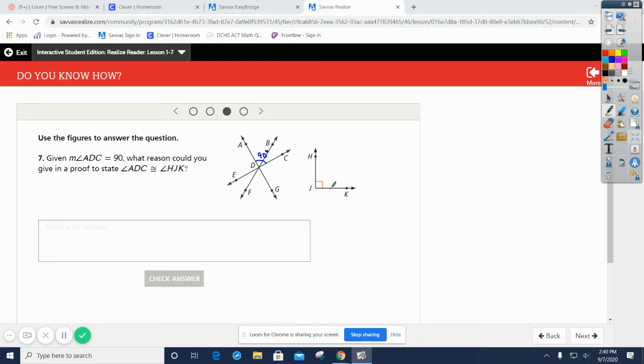Well, remember that common sense one that we had that says that if two angles are right, then they're congruent? That's what we would use, the right angle theorem. And that's it. So again, that's just that kind of common sense one.